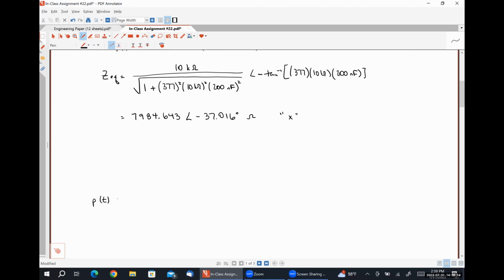P of T is equal to 1/2 VM IM cosine theta V minus theta I plus 1/2 VM IM cosine twice omega T plus theta V plus theta I.